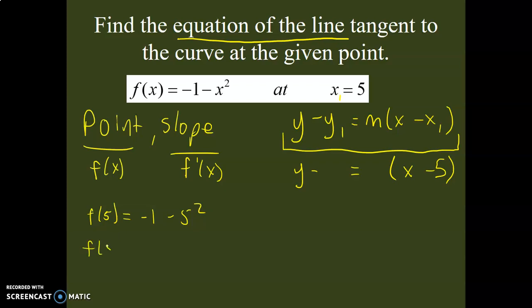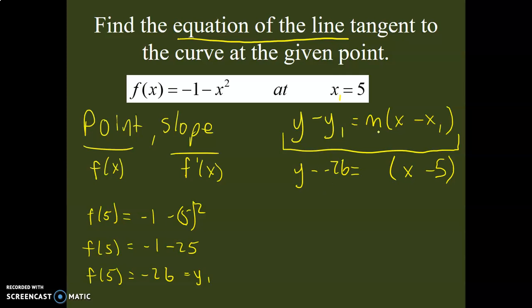Now notice that the 5 is going to be squared before we make it negative. So negative 25, so f of 5 would be negative 26. All right, so that's really my y1 value. So y minus negative 26, which is going to become y plus 26.